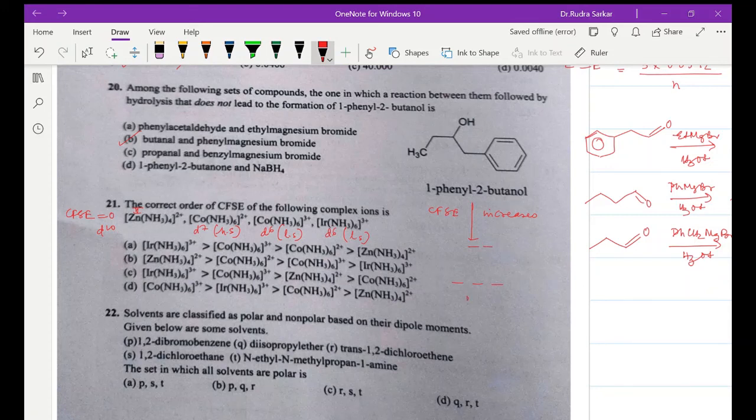Suppose this is a cobalt 3+ system, and another one we have cobalt 2+ system. Okay, so in a cobalt 3+ system we will say 1, 2, 3, 4, 5, 6. This is your t2g and that is your eg. Cobalt 2+ is a high spin system.